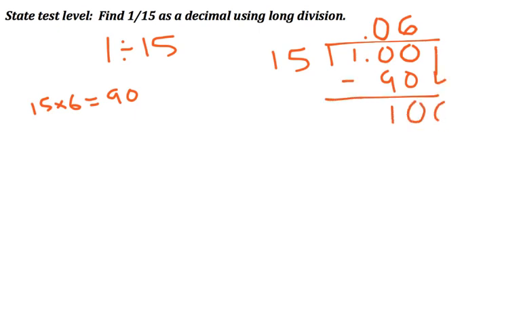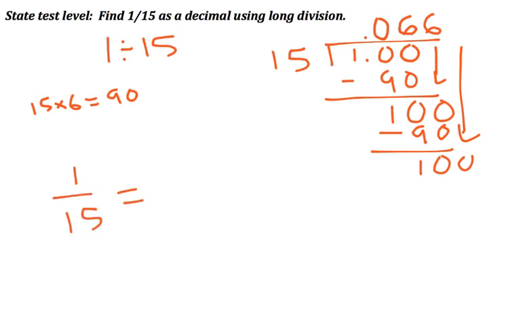Bring that down. Okay, so hopefully now you're seeing the same type of repeating is about to happen. 15 goes into 100 6 times. Multiply that out, we would get 90, and 100 minus 90 is 10, and this is going to go on forever.